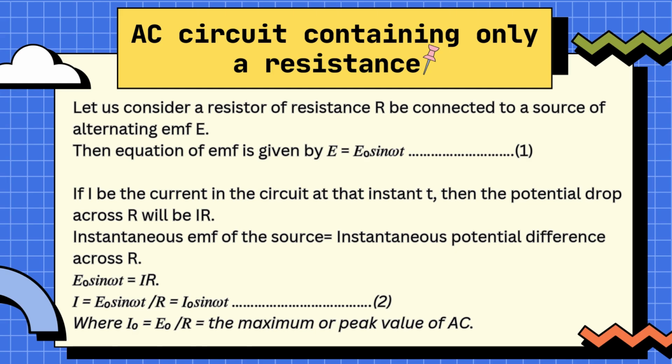Therefore, the current is equal to E naught sin omega t divided by R. So E naught by R is nothing but the maximum or peak value of current in the AC circuit. So the current is I equal to I naught sin omega t.